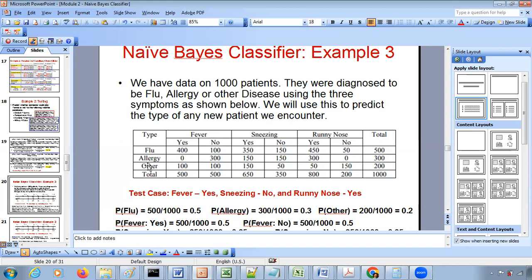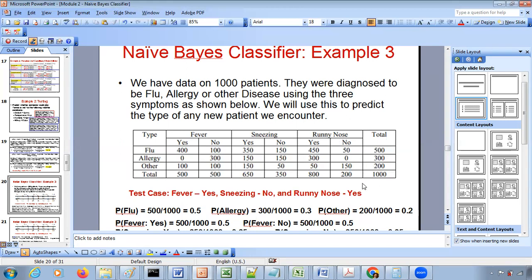Out of the 300 who had allergy, 300 reported yes for runny nose, and 0 reported no. So all the 300 who had allergy had runny nose and no fever, basically. That's how to interpret the data set. And for sneezing, half of them have sneezing, and the other half did not.